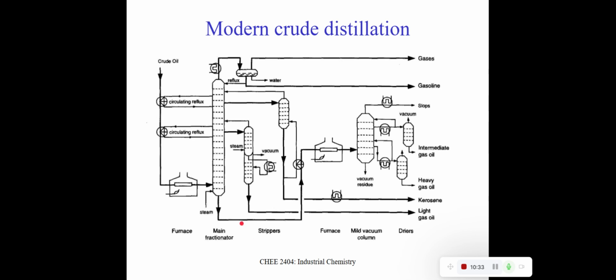Some of the gasoline contains light residue with a low flash point, so it can be fed back to the main fractionator, where further contact takes place and it vaporizes and is taken off as gases. So these are the final products we get.